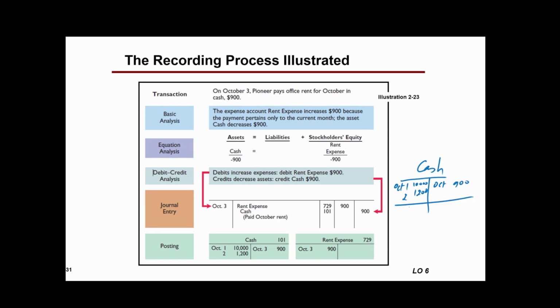So the balance here would be equal to 10,000 plus 1,200 minus 900, right? This is how we calculate it for all the accounts. In this case, for example, rent expense, because there was only one entry, the balance is a debit, it's on the debit side of 900.